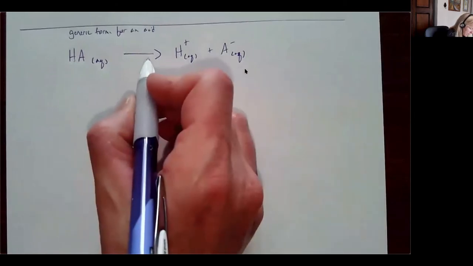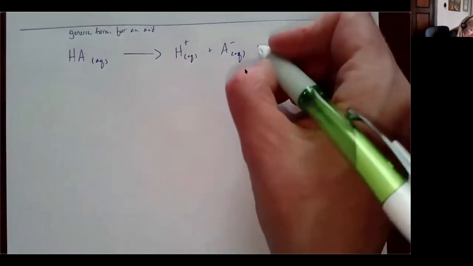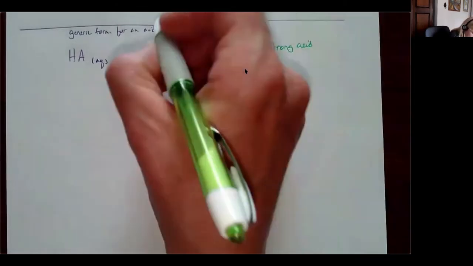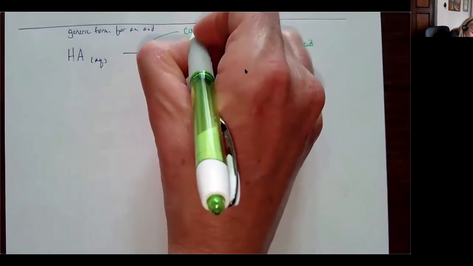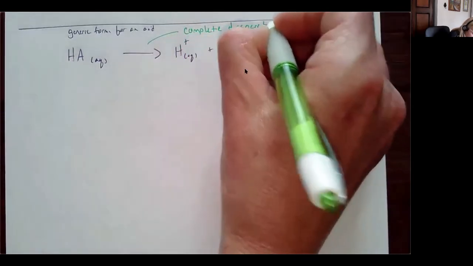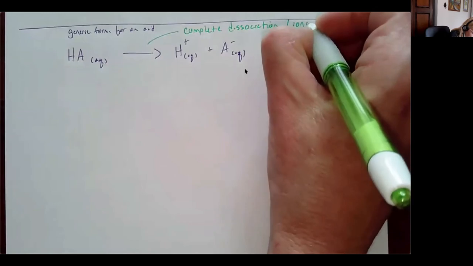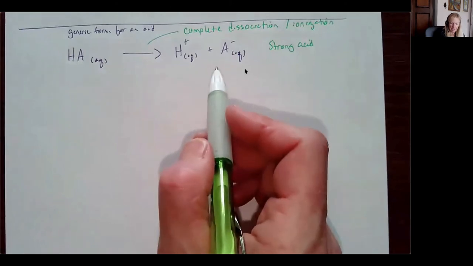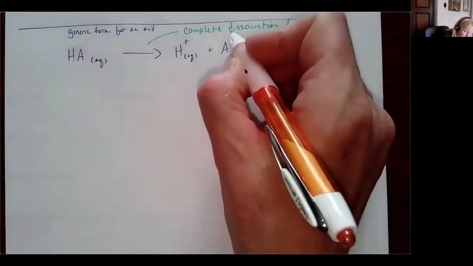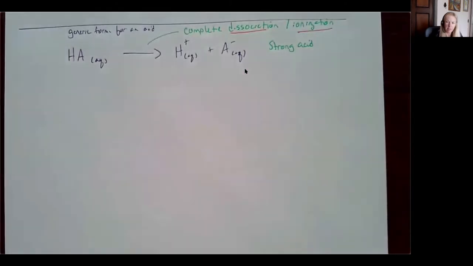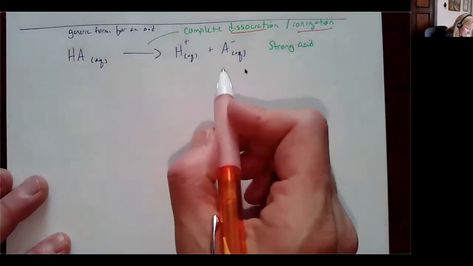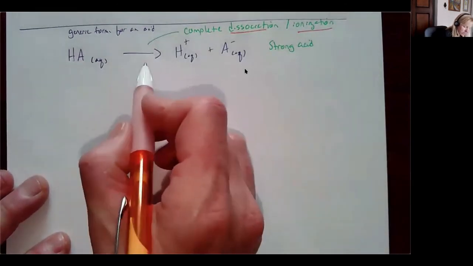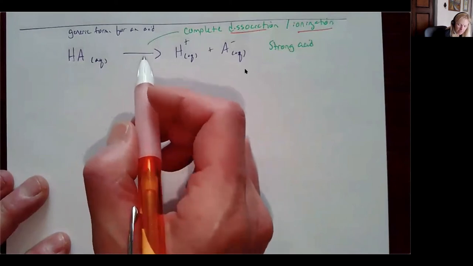The single arrow indicates that this is a strong acid, and I have complete dissociation, or we could call that complete ionization, meaning that I've taken this and formed ions. We'll call it both things, so those mean the same thing. It dissociates into ions. So this single arrow here denotes that it's a strong acid.